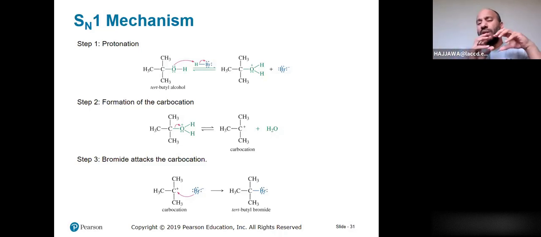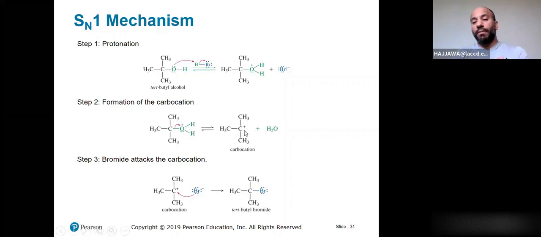Think of it, it's too crowded for the nucleophile to attack. So that's why the carbocation formation will happen faster. That's why this will take place only if you have a secondary or tertiary carbon. And that's why you're going to see the carbocation formation here, in the case of the tertiary alcohol.